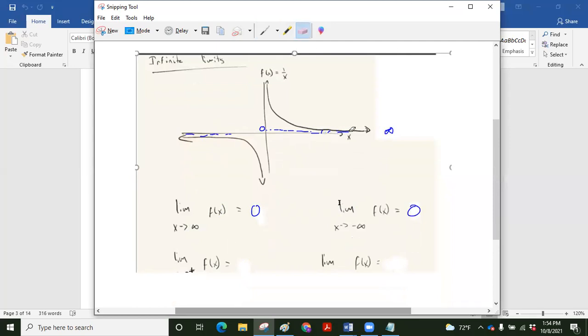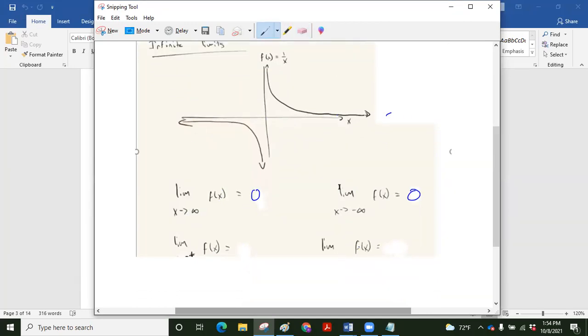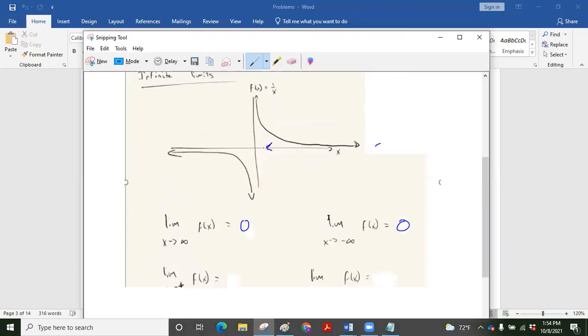And then I think I cut it out of frame, but the other question is asking the limit as x approaches 0 from the right and from the left. As we approach 0 from the right, we see that the y value shoots up to infinity. And as we approach from the left, we see that it shoots down to negative infinity. So we'll say that the limit as x approaches 0 from the right is infinity. And the limit as x approaches 0 from the left is negative infinity.